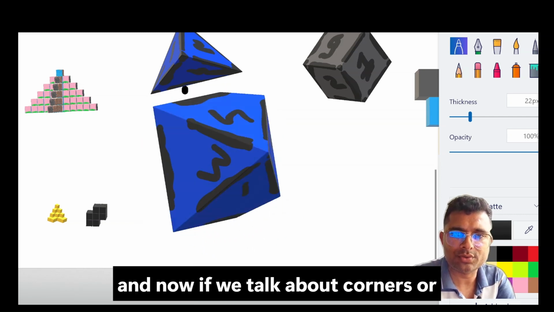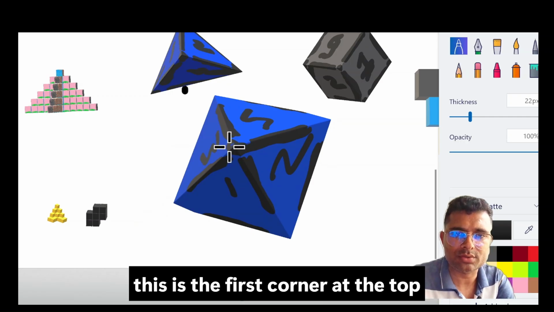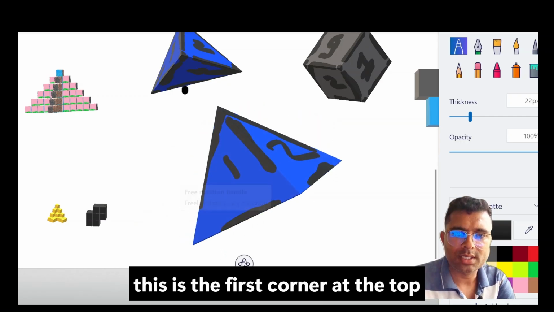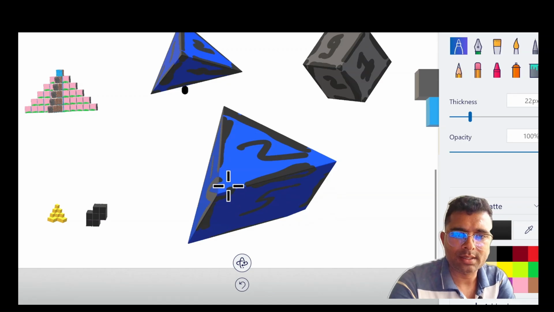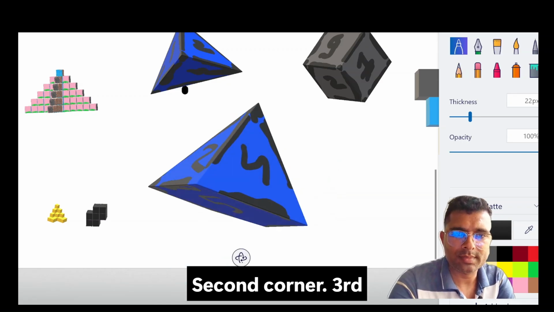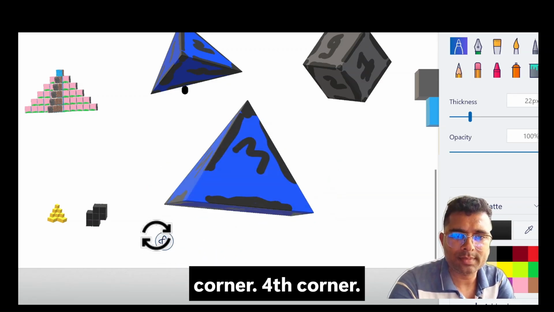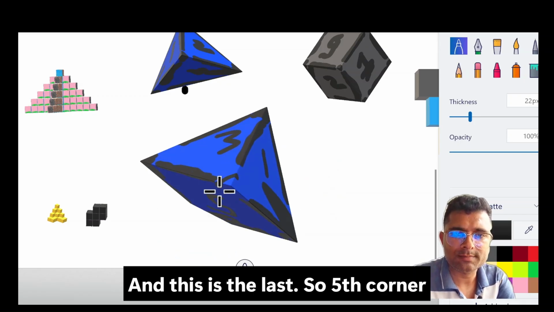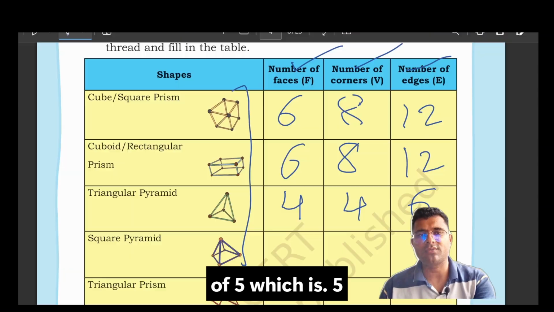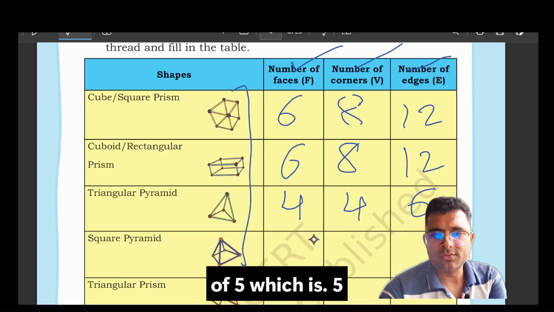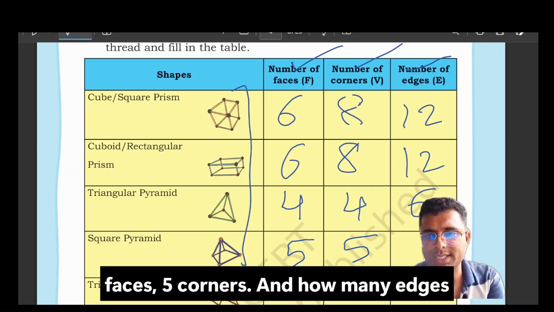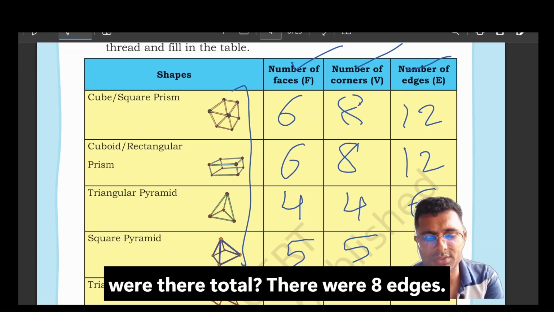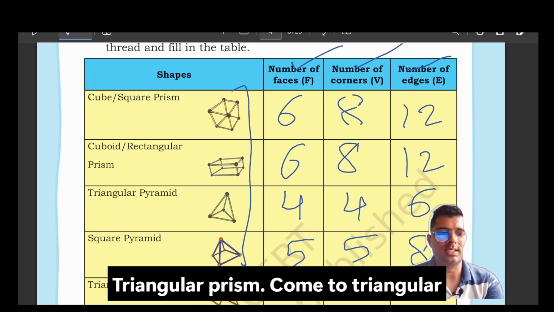And now if we talk about corners, this is the first corner at the top, and 4 at the bottom. Second corner, third corner, fourth corner, and this is the last, so fifth corner. 5 faces, 5 corners, and how many edges were there? Total there were 8 edges.